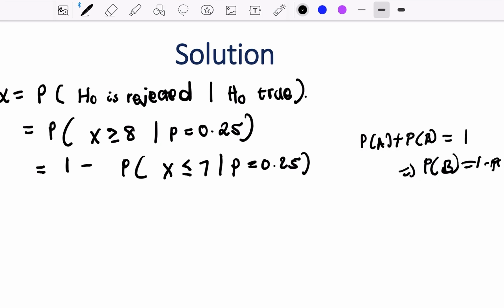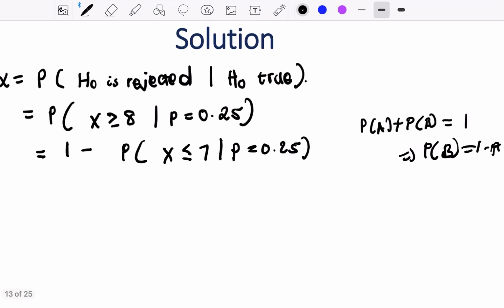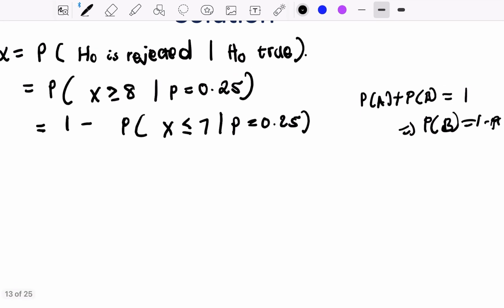So values that are less than 8 are equivalent to less or equal to 7, because you're not including 8. So you're going to end at 7. Now this is 1 minus, you can read the value from your binomial table of 7. Remember, you had that n is 20 and your p naught is 0.25.